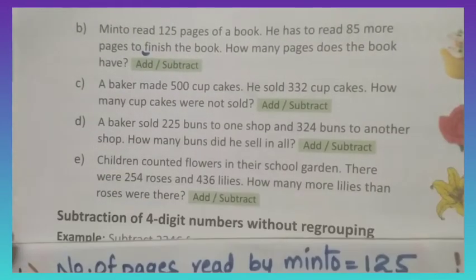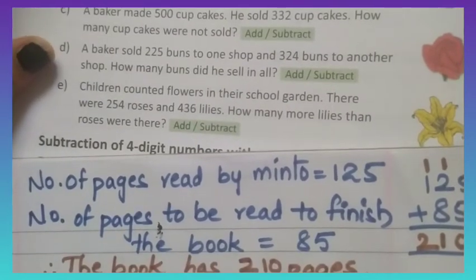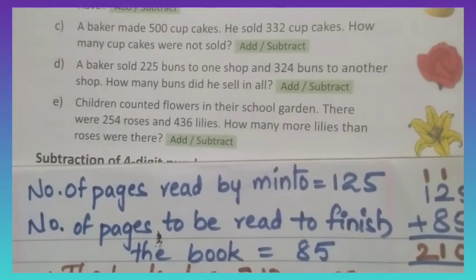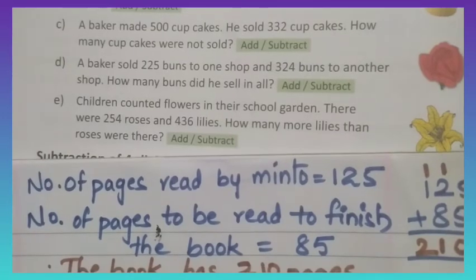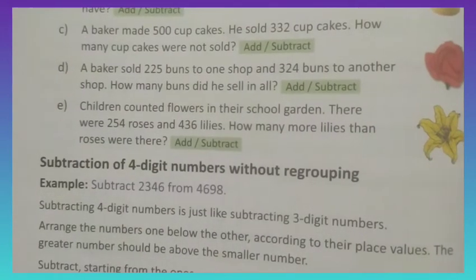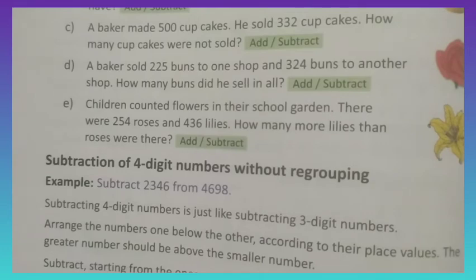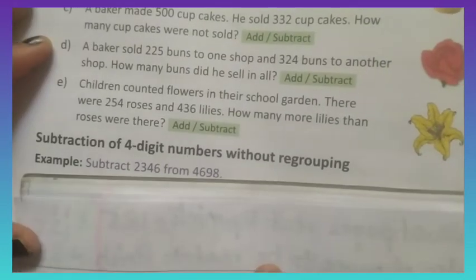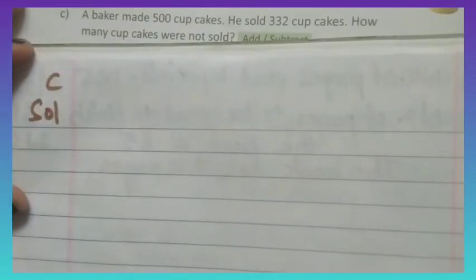Now look at C question. A baker made 500 cupcakes. He sold 332 cupcakes. How many cupcakes were not sold? Means what we have to do is subtraction. Okay, look here. C solution.